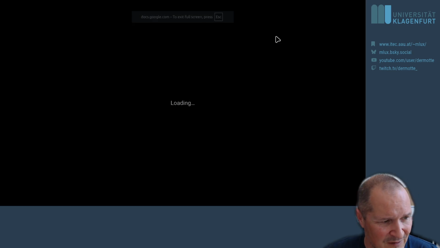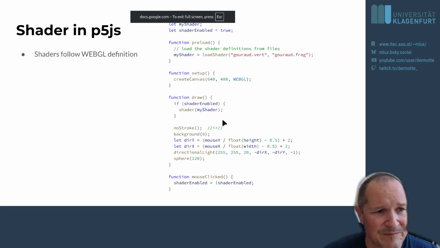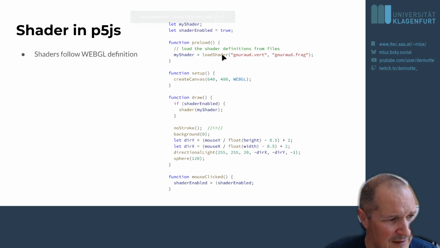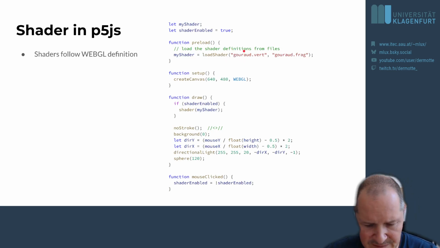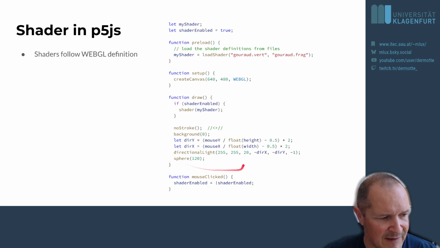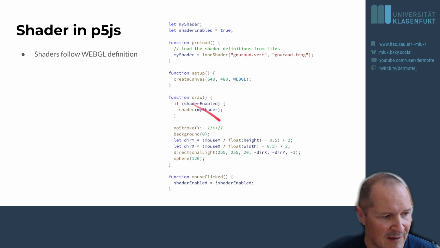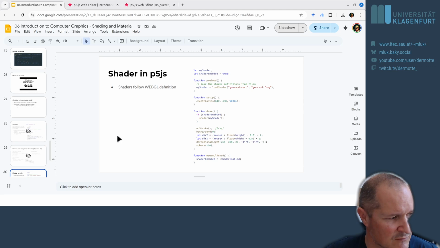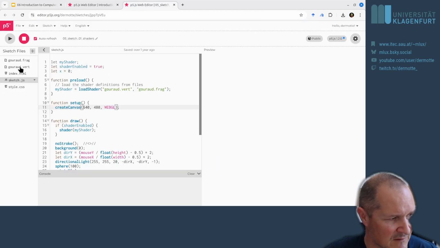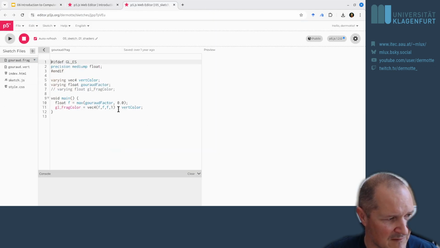Okay, let's take a look here. Easier to see. What we actually need is to load those shaders. That's here, loading the shaders from files. And then we can enable the shaders and do something with them. For instance, here we create a sphere, and the shaders are the ones that we are using. So it's not much of a fun experience.